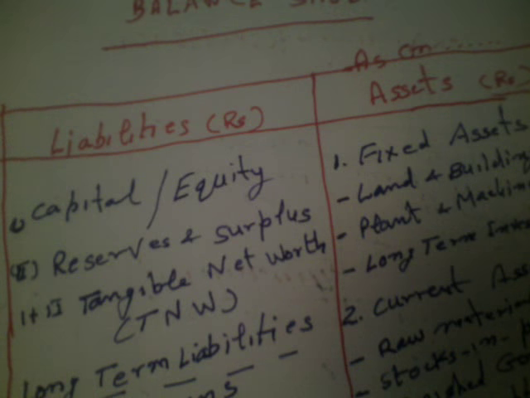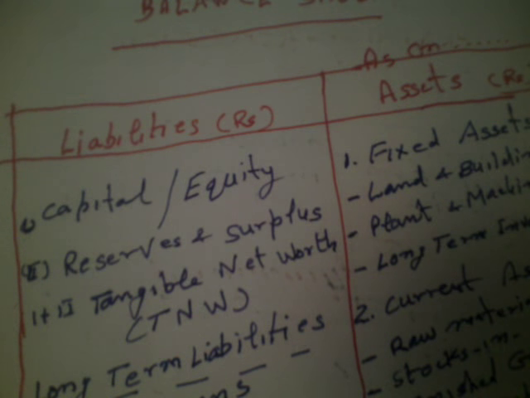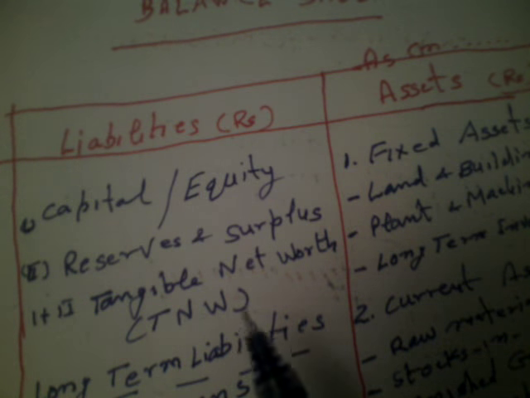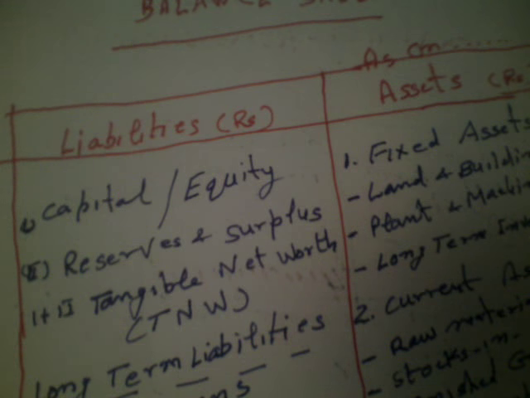Basically both are the same thing, with a slight difference: the term equity is normally used for proprietary concerns and partnership firms, while capital is used for private limited companies and limited companies, and it is nothing but a contribution brought by the promoters in the business.